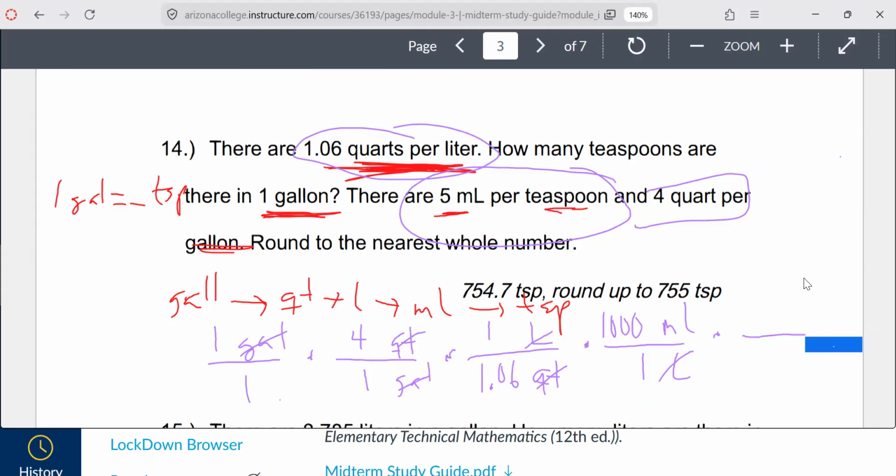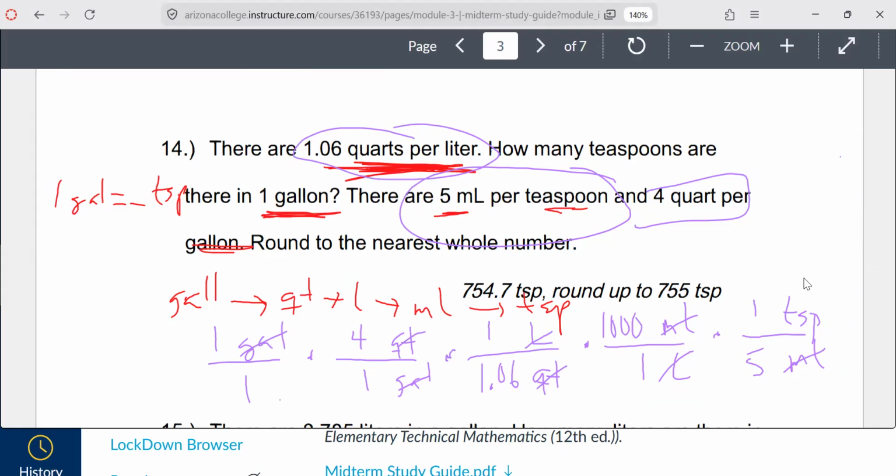And now I've got to go to teaspoon. So I'm just following the roadmap that I have here. Teaspoons, it's 5 ml is 1 teaspoon. Ml here so that they cancel, and then teaspoons at the top. 1 and then 5. So now you multiply the top. That is 4 times 1,000 because you've got 1, 1, 1. So 4 times 1,000, which is 4,000.